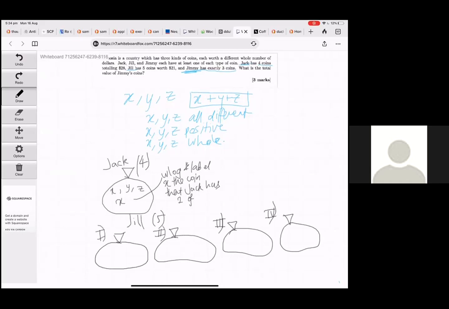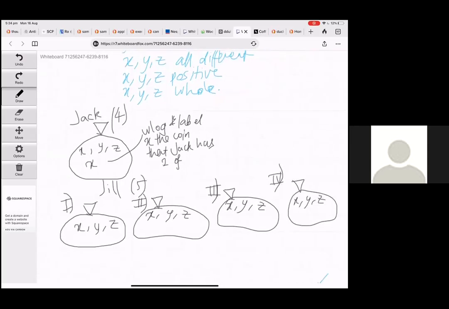What I definitely know is that in each of these cases, Jill has definitely got at least X, Y, and Z in there. So the first case is where Jill has actually 3 of the same kind of coin that Jack has. So instead of 2 X's, Jill has 3 X's, and that gives Jill 5 coins.